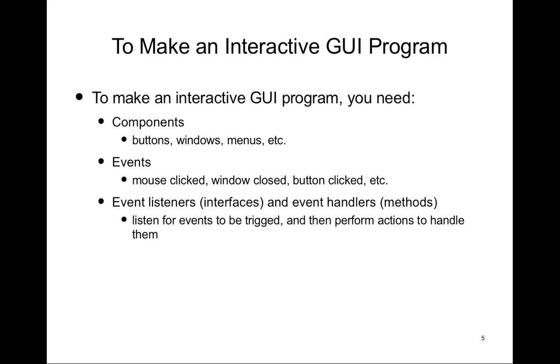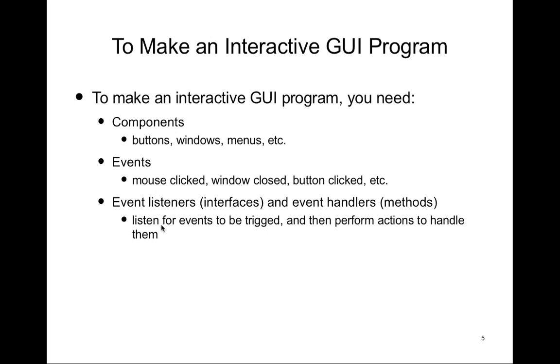To make an interactive GUI program, you're going to need components. Examples of those would be buttons, windows, menus. Those are all pieces that you're going to fit together. Events: we have mouse clicked, window closed, button clicked, stuff like that.